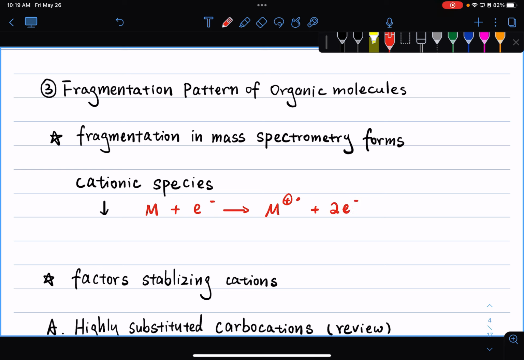Or if you break your molecule into smaller pieces, you can also have smaller fragments. But nevertheless, the take-home message here is we're forming a cationic species. So in organic chemistry, we went over lots of topics before on factors stabilizing your cationic intermediate. So in mass spectrometry, the formation of more stable carbocation fragments or the breaking of a weaker bond is more likely to happen.